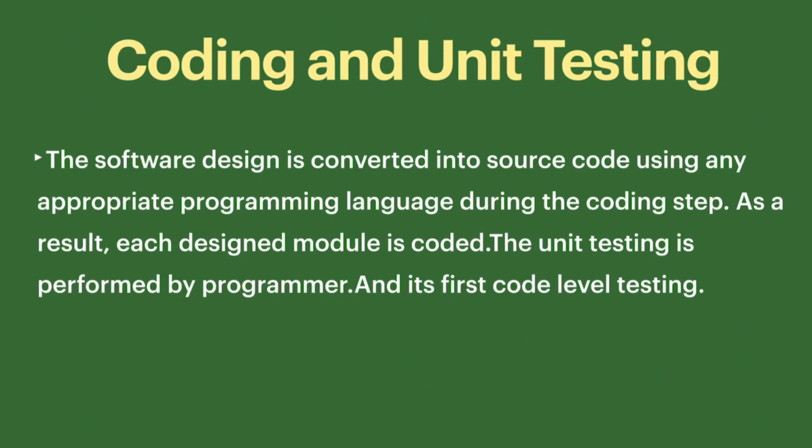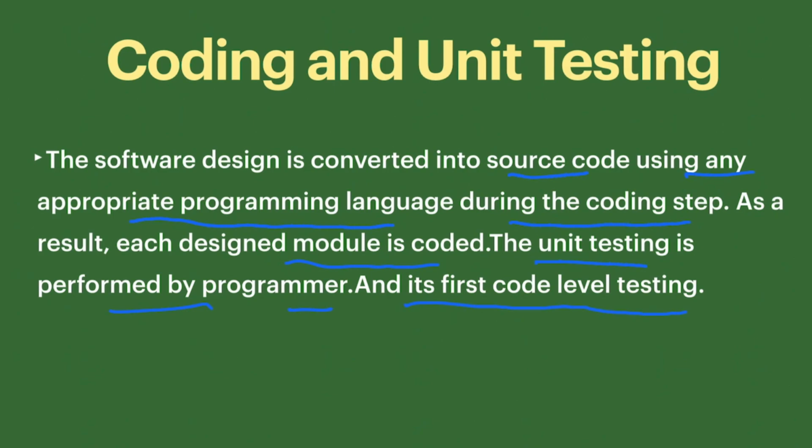After the design phase, the coding phase is started. The software design is converted into source code using any appropriate programming language during the coding step. As a result, each module is coded and unit testing is performed by the programmer. It is the first code level testing.